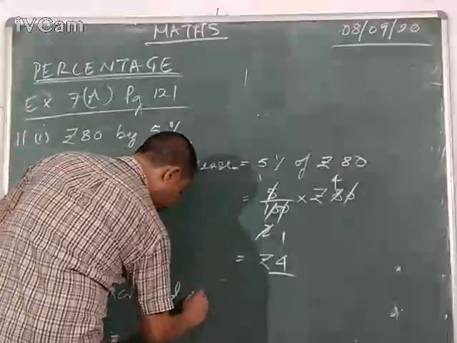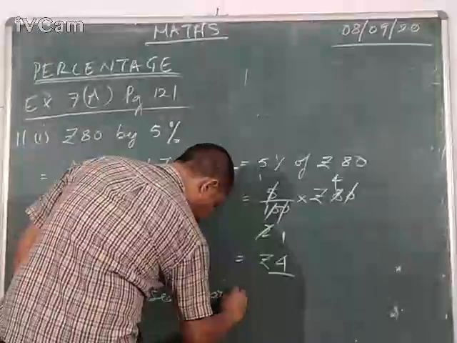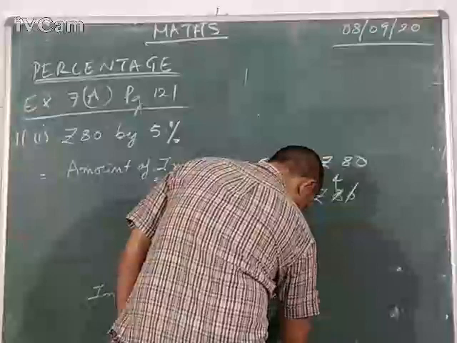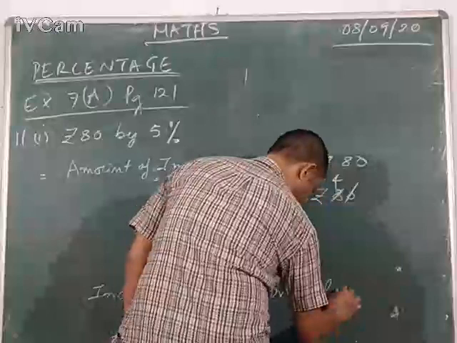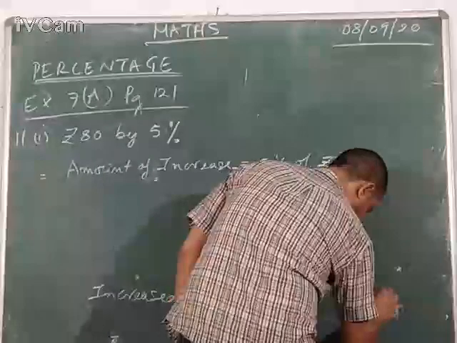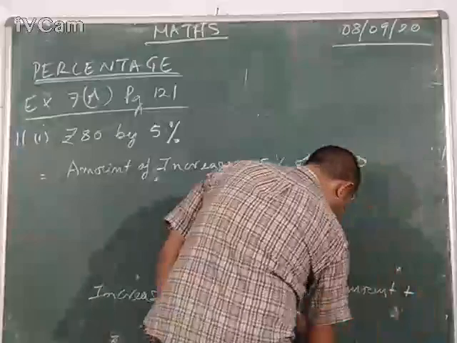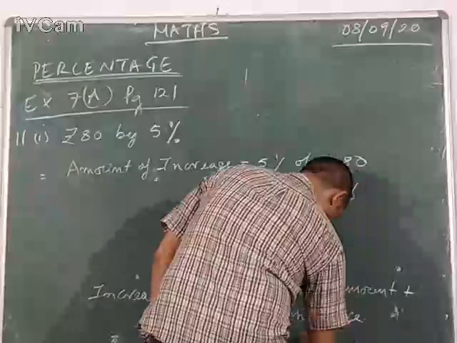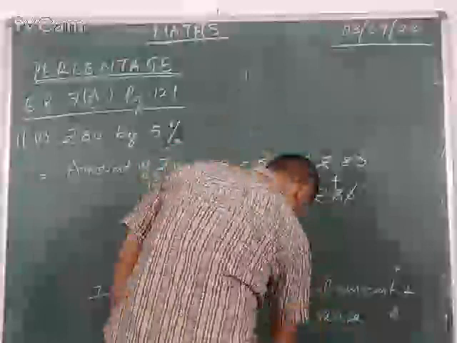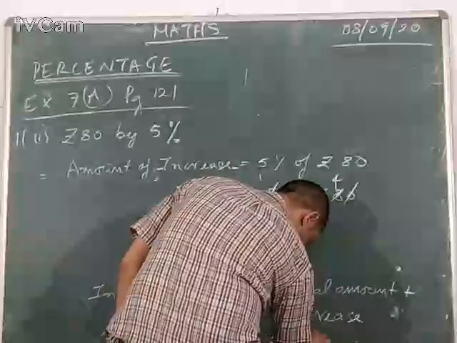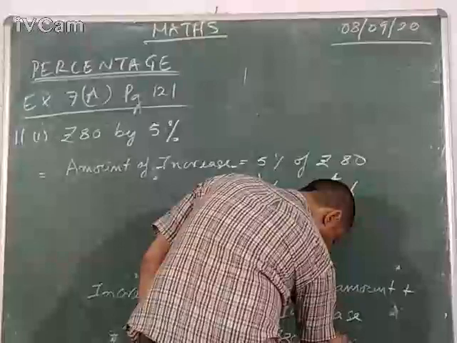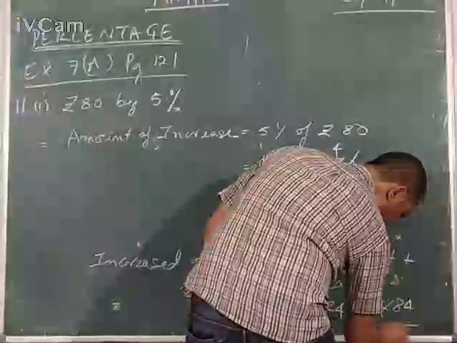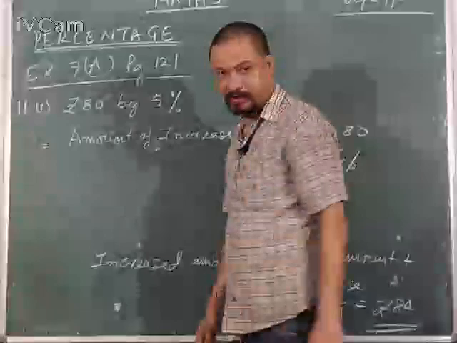The increased amount is equal to the original amount plus the increase. The original amount was rupees 80, the increase was rupees 4, so the new amount is rupees 84. This is how you're going to deal with it.